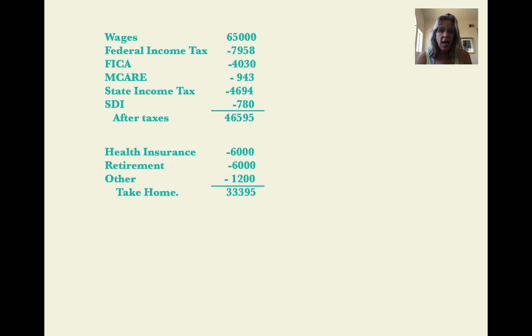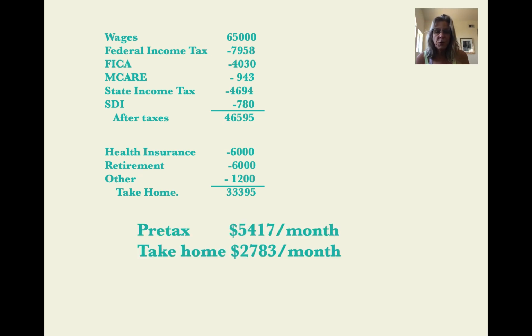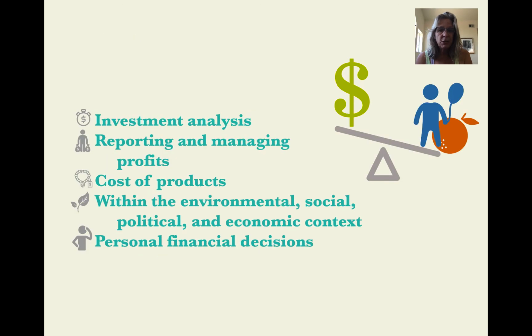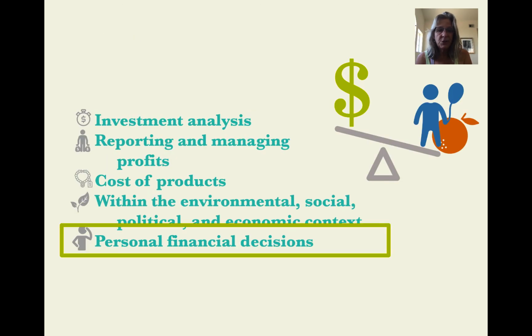That means our take-home is now $33,000. If we do the calculations, pre-tax at $65,000 was $5,417 a month, but take-home is $2,783, which is quite a bit different. You need to remember that when you're thinking about your own budget, when you actually become a salaried individual. This particular video covered personal financial decisions.